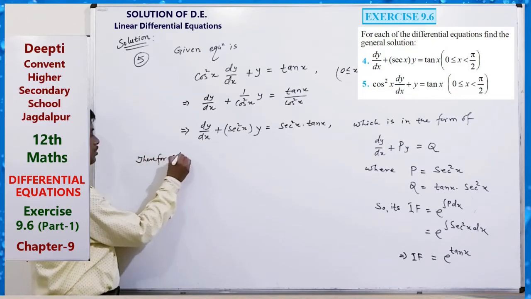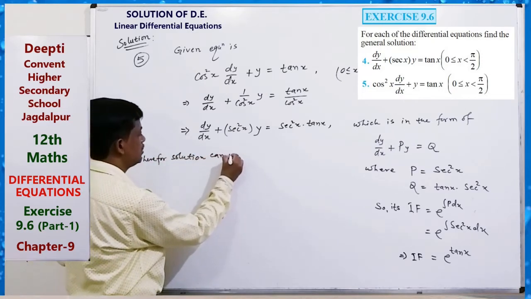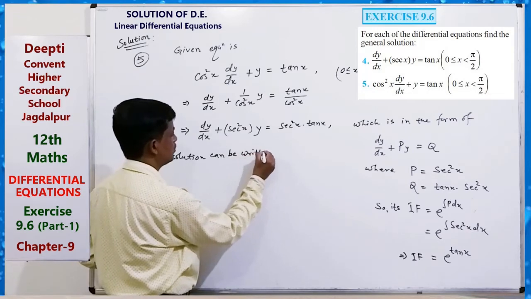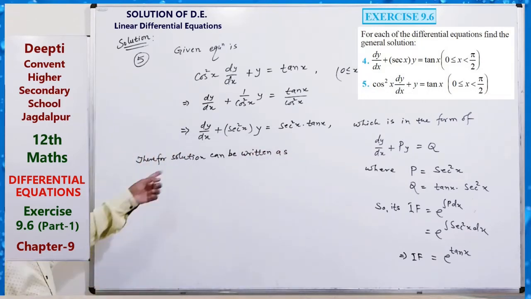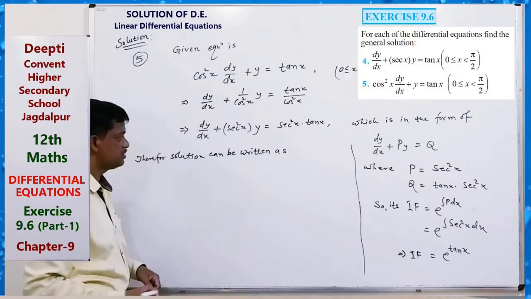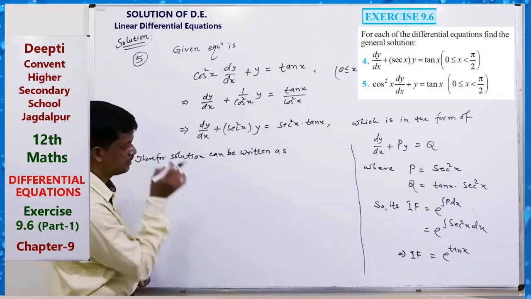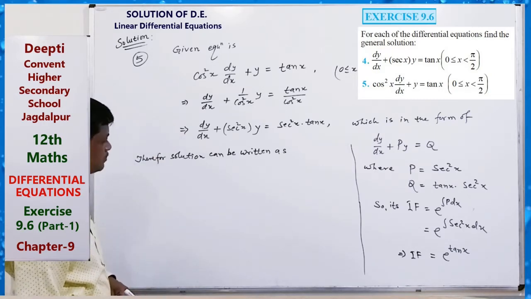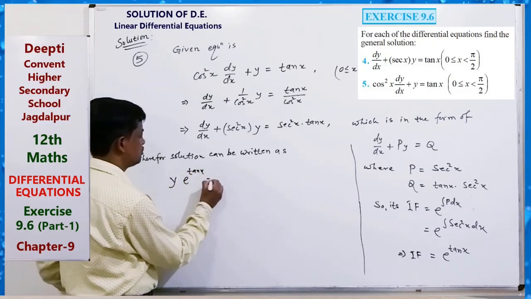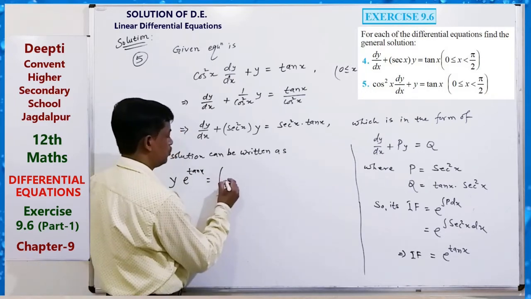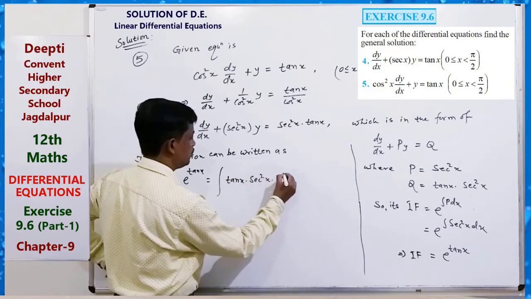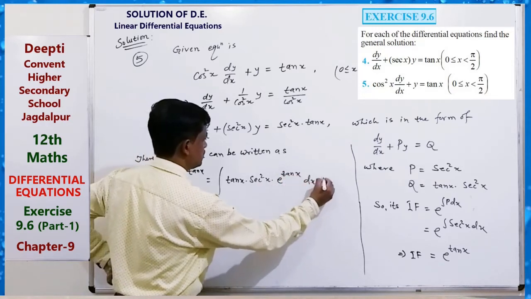Therefore, the solution can be written as y into IF, e to the power tan x, equals integration of q, tan x sec square x, into IF e to the power tan x, dx plus c.